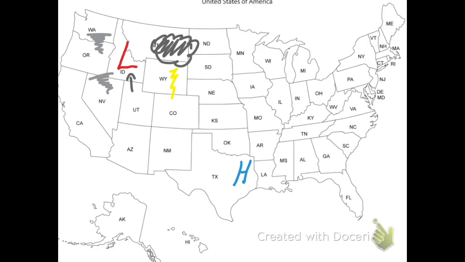Down here in Texas, where we have our high pressure system, we are having excellent weather. The sun is shining. Everyone's heading down to, I guess, Galveston Beach to go hang out. Good times all around.